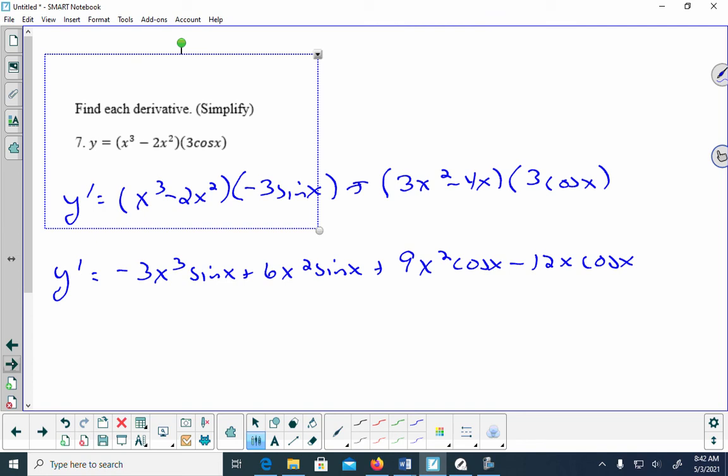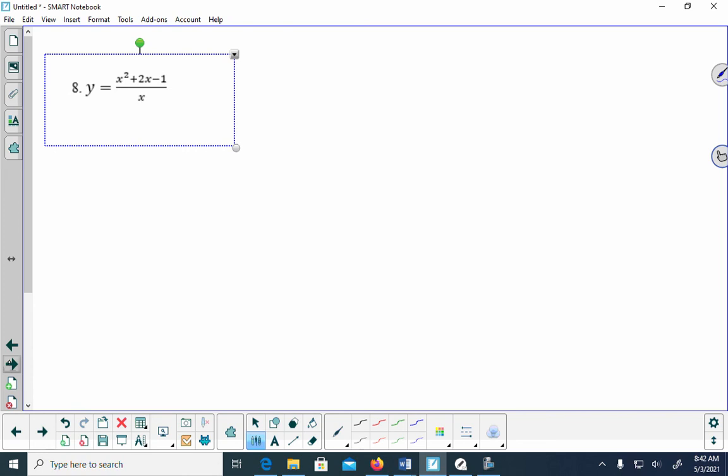And I'm looking at that to see if there's anything that has a like term, and there is nothing that has a like term, so I am just going to leave it like that.